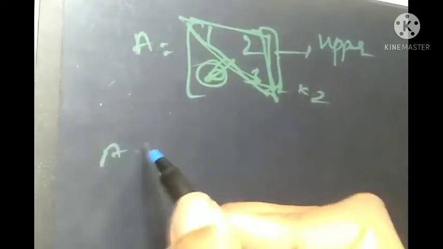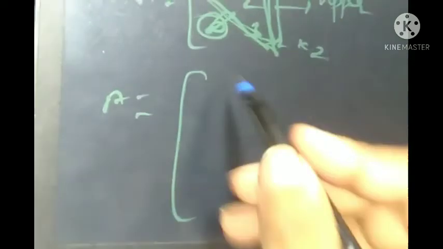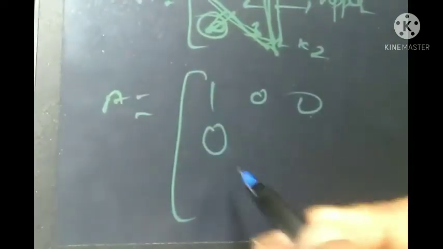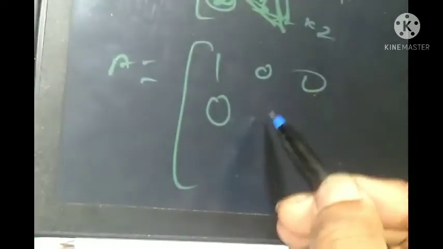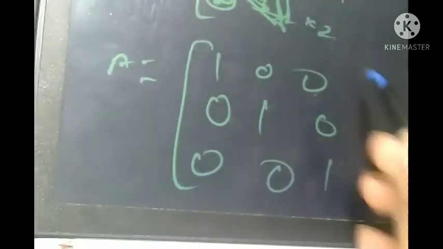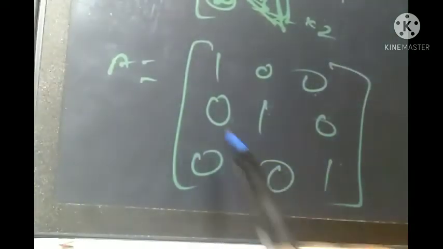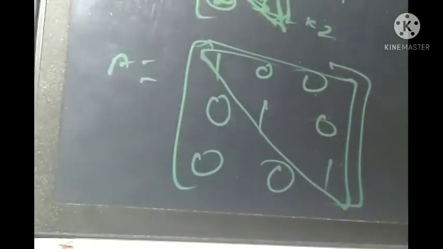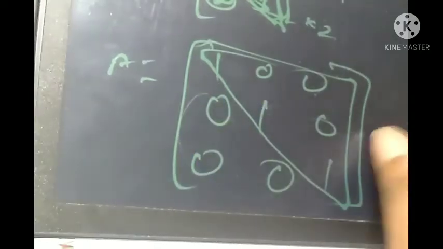We take another example: 1 0 0, 0 1 0, 0 0 1. This is also an upper triangular matrix. The identity matrix is also an upper triangular matrix.